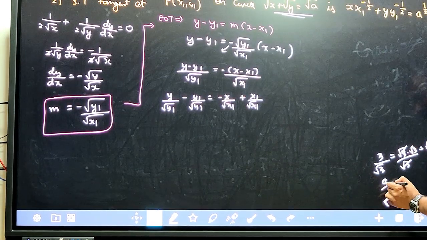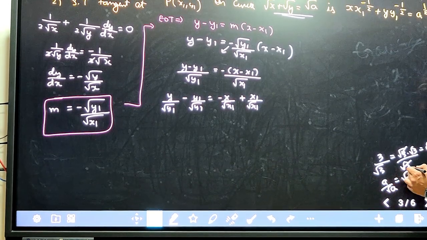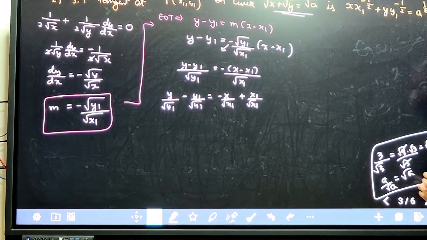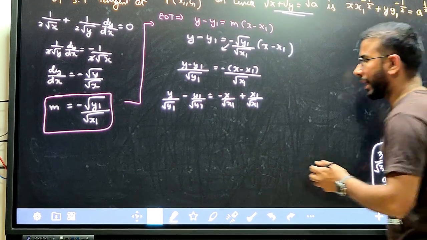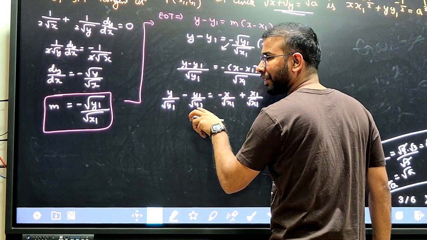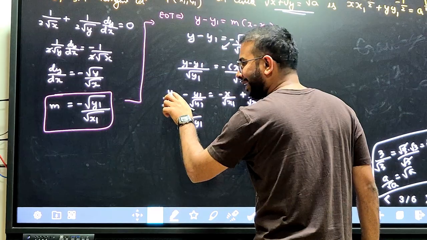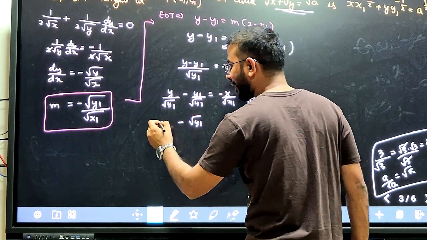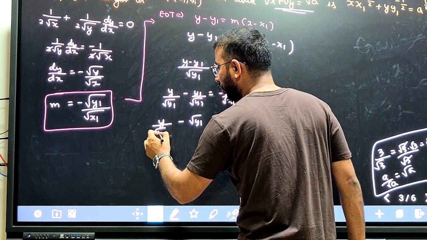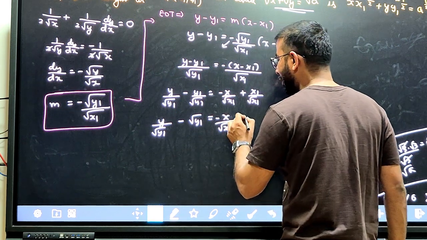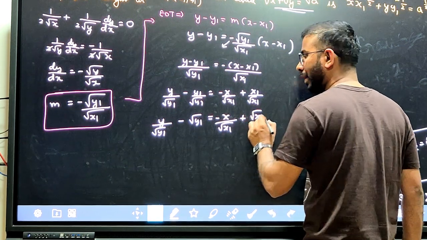What is a by root a? Root a. What is x by root x? Root x. So what is y1 by root y1? Root y1. Very good. Can we cancel this? No. This is y, this is y1. Both are not same. Okay. Root y1 is equal to minus x by root x1 plus root x1.